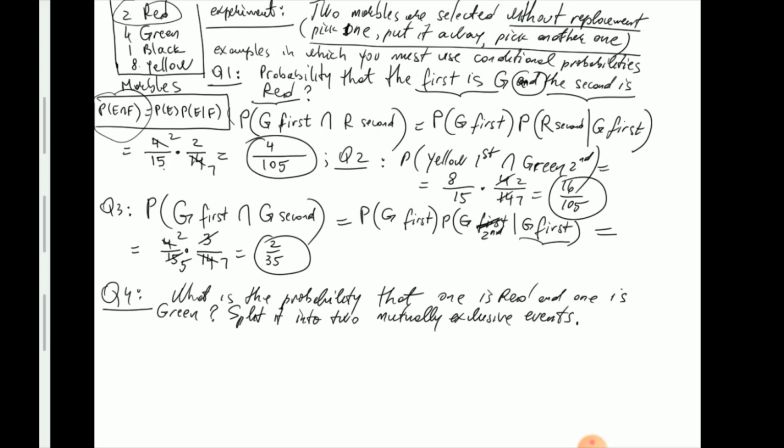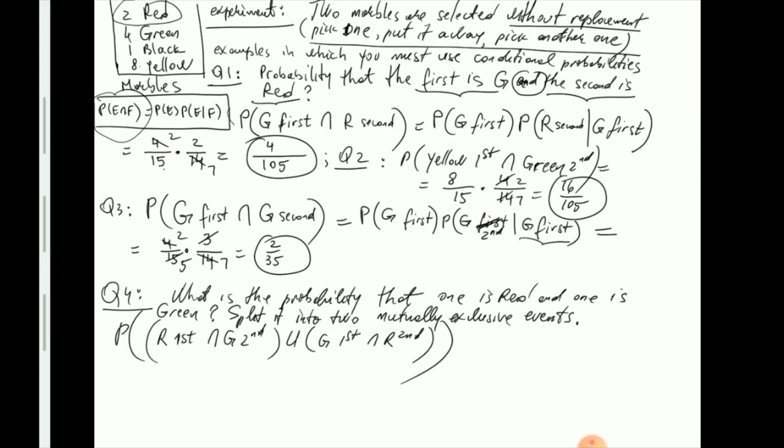So basically, the probability of the event in this question can be written like this: red first and green second, union green first and red second, right? You don't have to write this down to make it overly complicated, but I want to point out that you're basically asking the probability of the union of two mutually exclusive events.